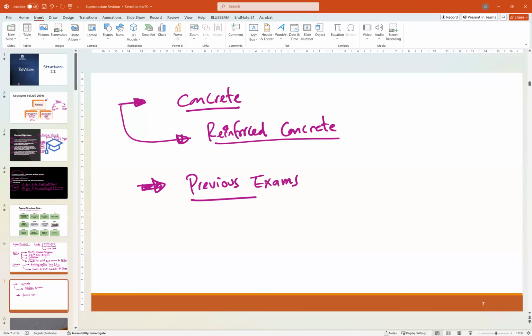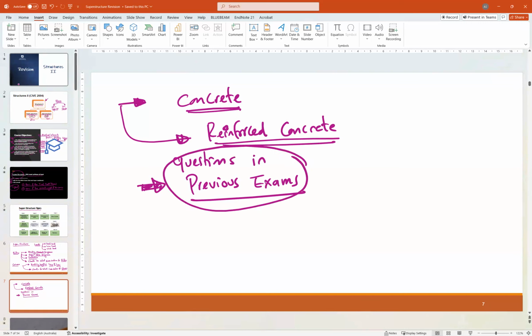It's a very simple question about some of the dot points covered in the concrete and reinforced concrete guest lectures. There will be nothing new in these two topics, so it will be a simple question.